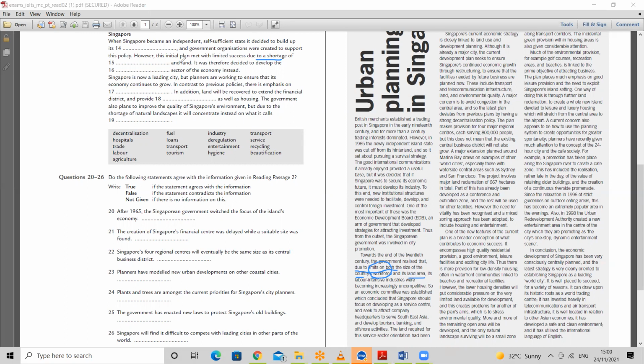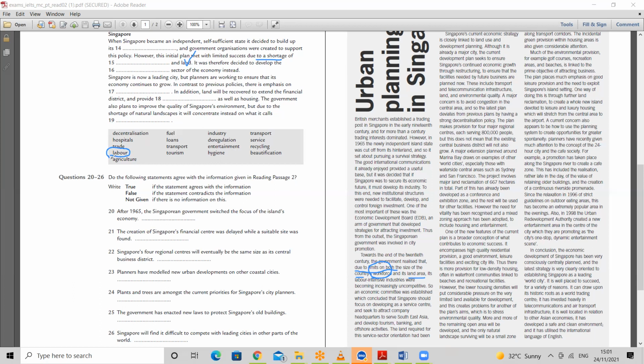So we know the land, and the answer for number 15 here, according to the passage, is the workforce. Now, because you have to choose your answer from the box here, okay? So what could be another word for workforce? Workforce means the people who work. So that best matches with the word labor. So that is your answer to question number 15.